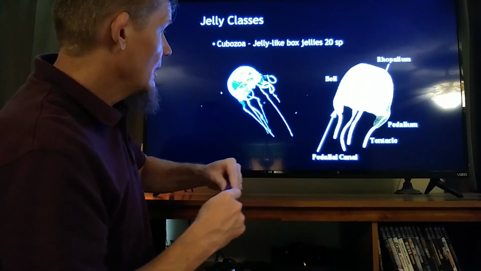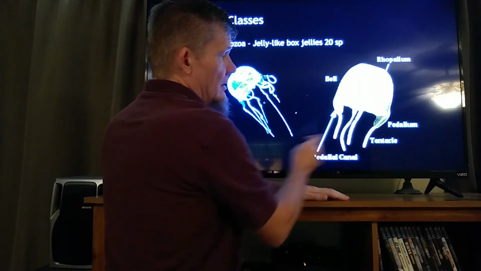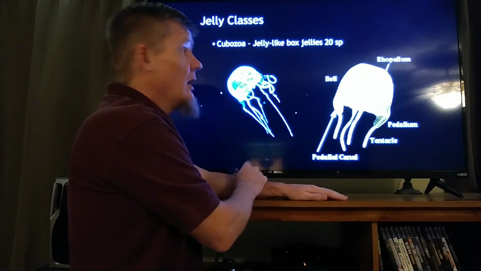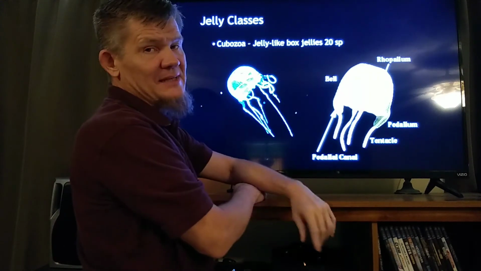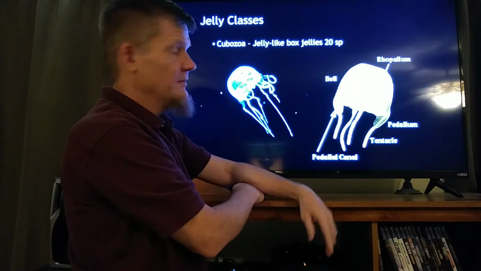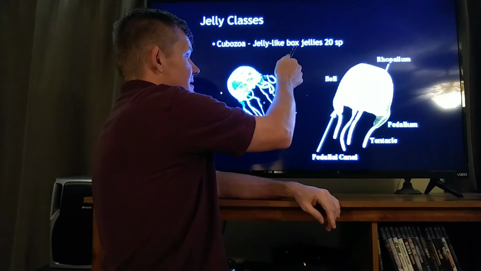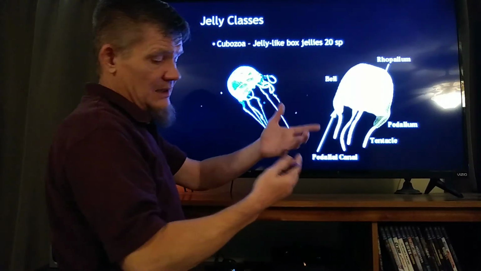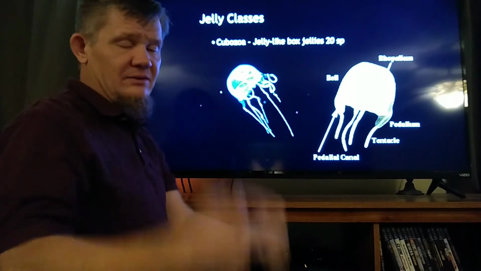When we see Cubozoans, we always see the tentacles in groups of 4. Their common name is a box jelly. There's only about 20 species of them. The tentacles come off from, again, it looks like a box. So if it's a box, it's got 4 sides, 4 corners. The tentacles come off at the corners of those.